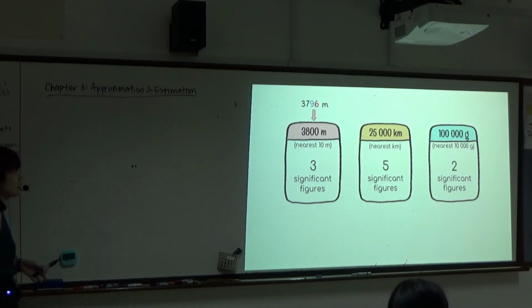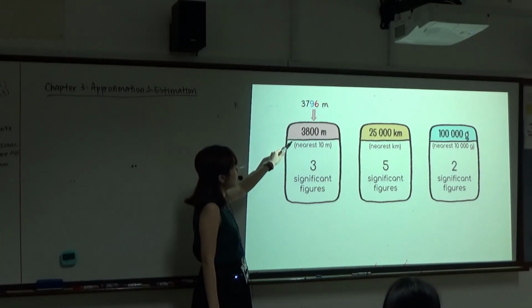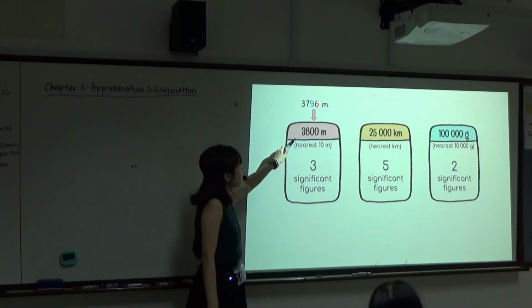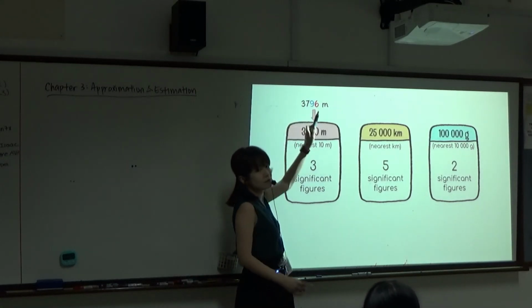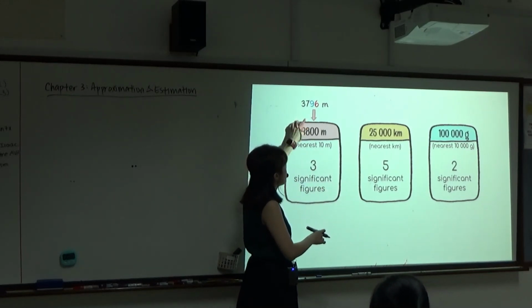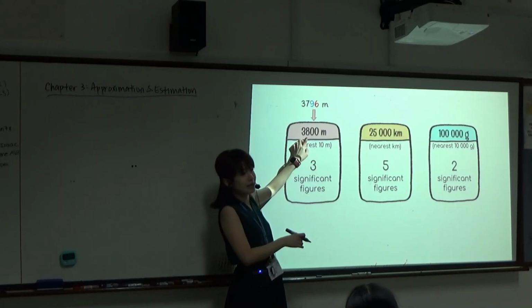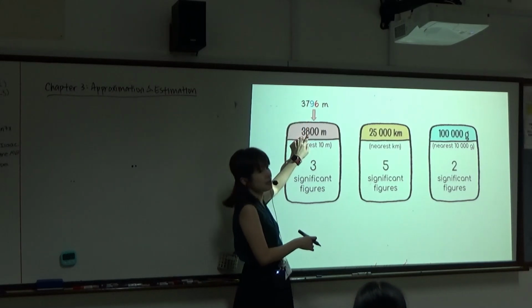Looking at the first one, 3,796 meters. If I round off to the nearest 10 meters, my blue digit, the 9, I will have to round up. Agree? In order for me to get 3,800 eventually. Because 9 rounds up to 10, 7 becomes 8.